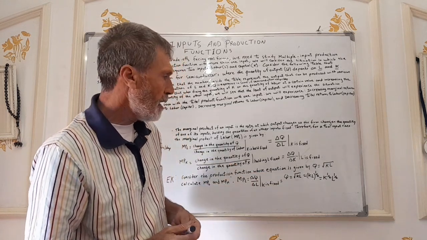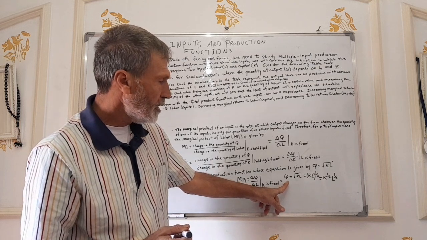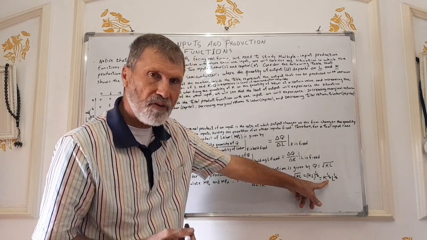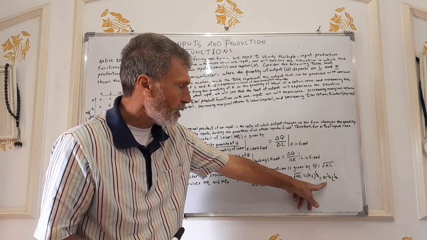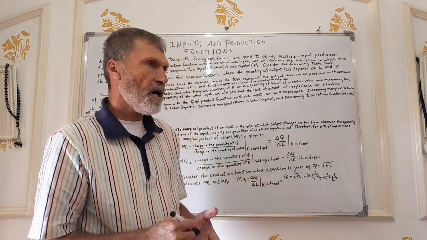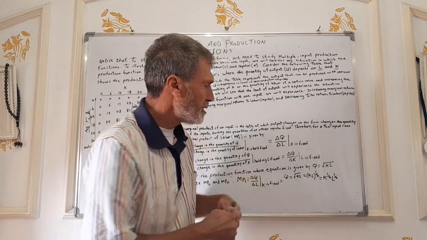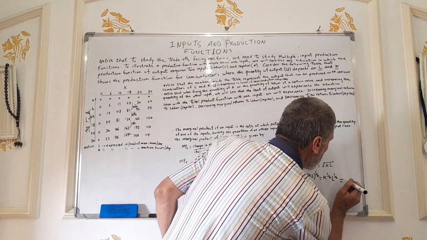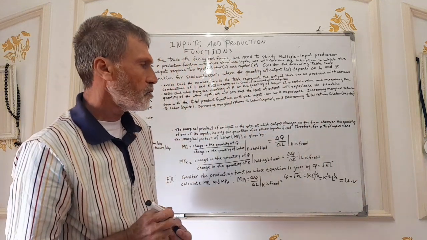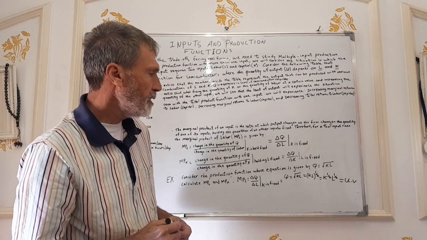Now we want to find the derivative of Q with respect to L. Of course, K is going to be fixed, like a constant. If you are unable to understand that K is fixed, just use the product rule, U times V. You remember?